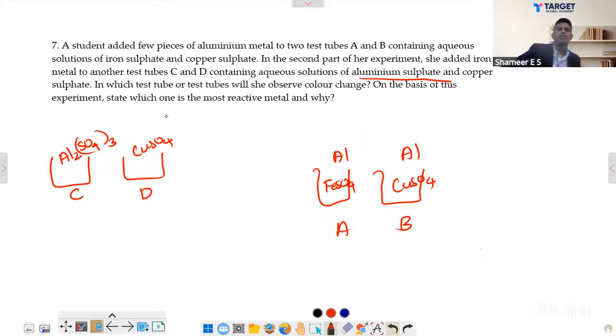Here she added iron metal. So this is simply a displacement reaction.